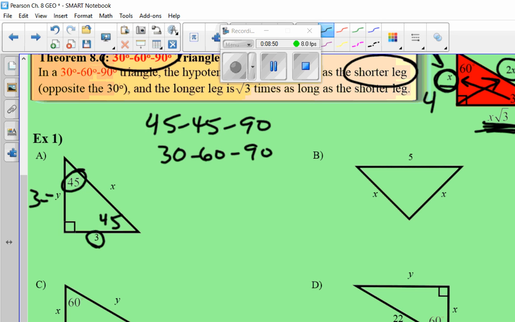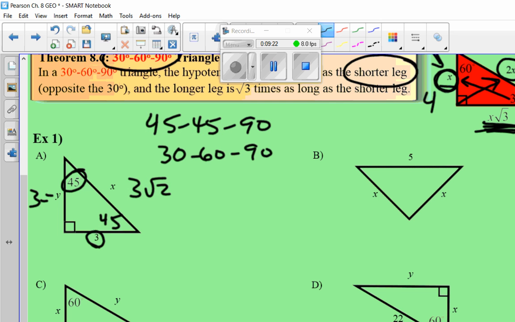The hypotenuse is a square root of 2 bigger than the leg, so I'm just going to multiply them together. Okay? We're going to leave it that way. When we do these, you're going to leave it in simplified radical form. When you get in some other math classes, you're always using these ratios anyway, so I want to make sure we got that.